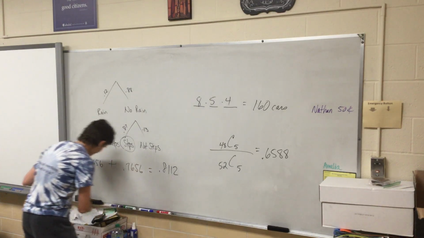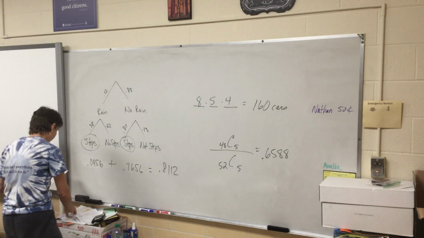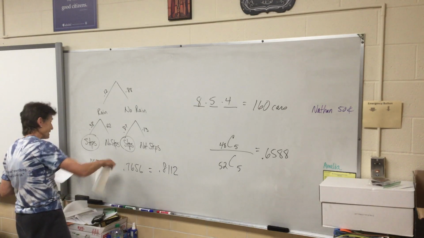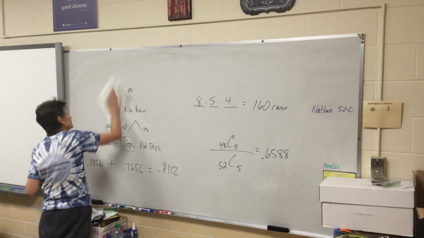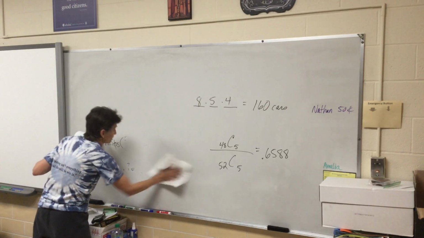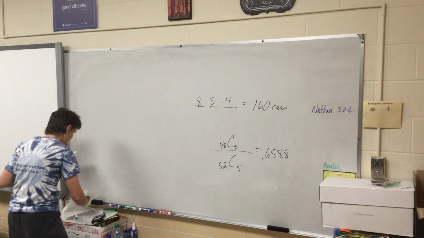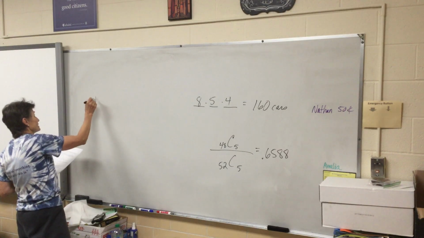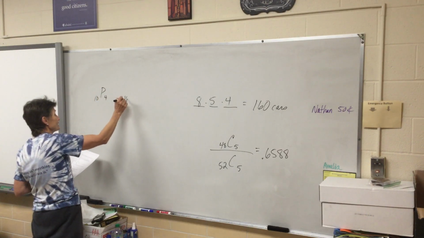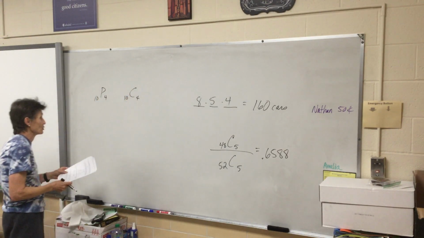How many ways can I select a committee of 4 from my class of 10? So there are 10 kids, and I'm picking 4. Is it a 10P4 or a 10C4? That's your question.